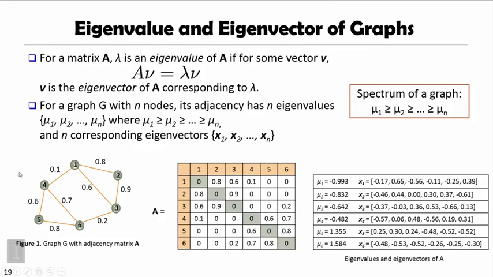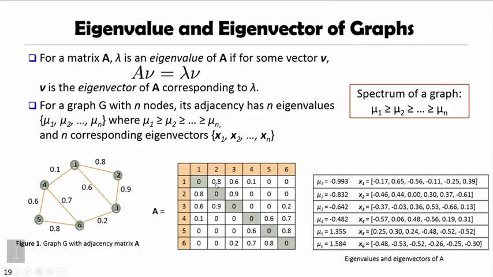Looking at figure 1, you can see this is the original graph. We have 6 vertices and their connections. The weighted connections are marked using those values. Then the original adjacency matrix is marked here.